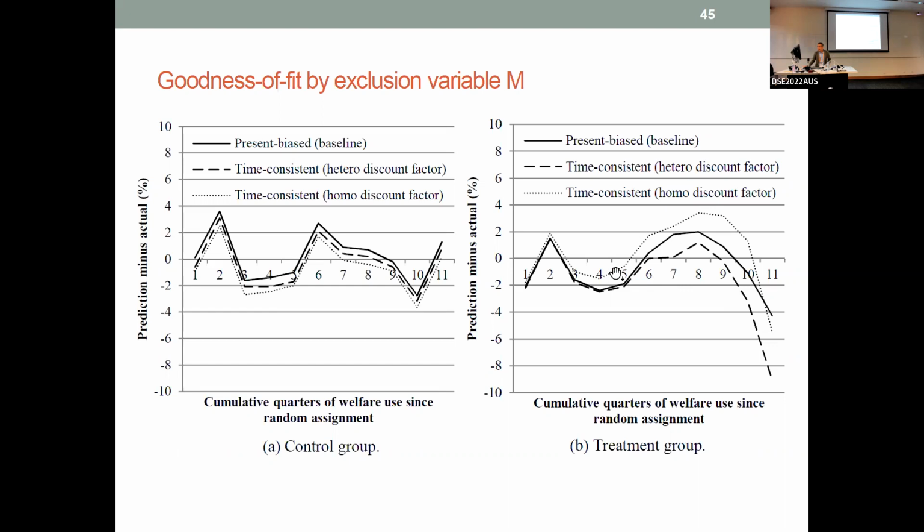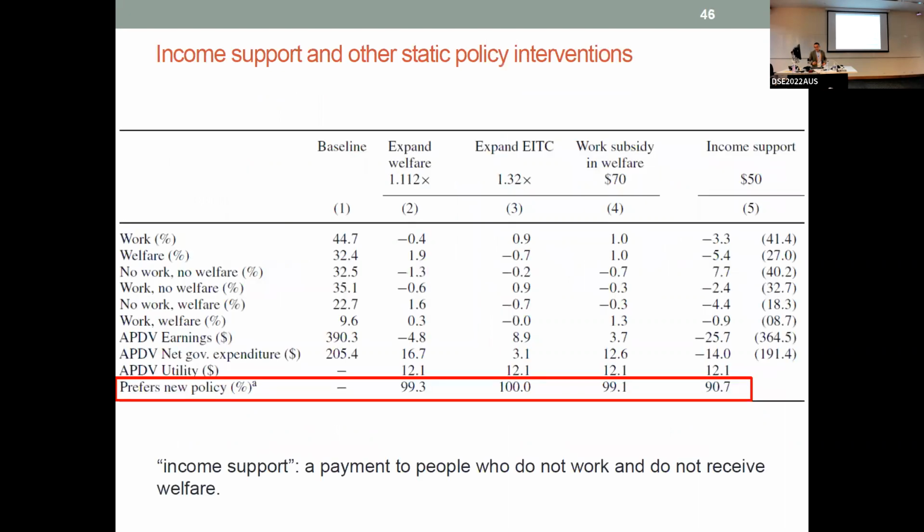So it's an improvement of fit, and that's also compared using likelihood ratio tests. You can have one model encompassing another and just compare the likelihoods, and they are in support of the heterogeneous present bias model.